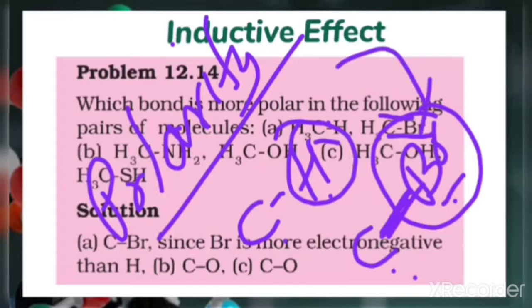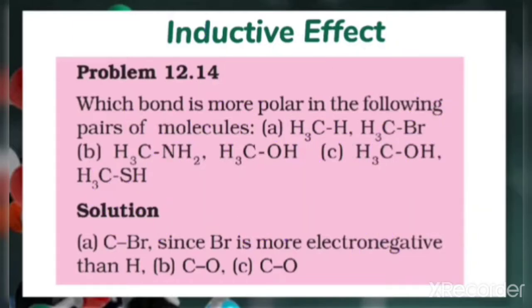Compared to hydrogen, Br is more electronegative because it is a halogen. As we have learnt, from left to right in the periodic table, electronegativity increases. That means Br is more electronegative. So this pair has a greater polarity, and the reason is given: C-Br, since Br is more electronegative than hydrogen.